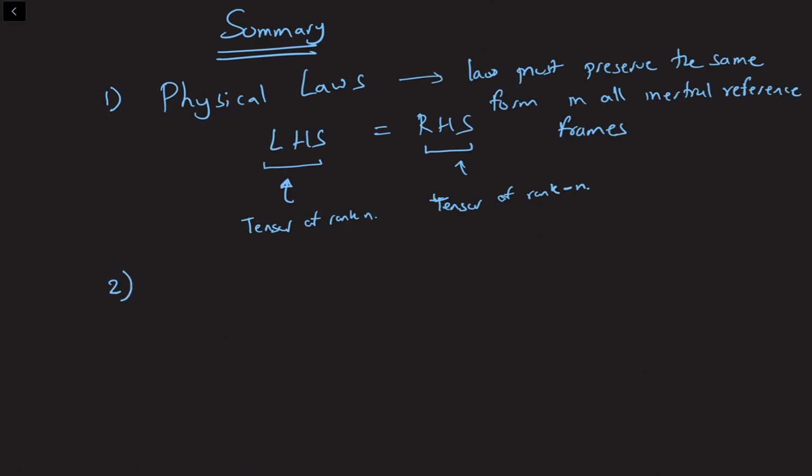Okay. The second thing that we saw is, of course, Newton's laws have to be modified to be compatible with the principle of special relativity. And so you have to write down some generalized force in this way, and this force produces a change in what we call four-momentum now.